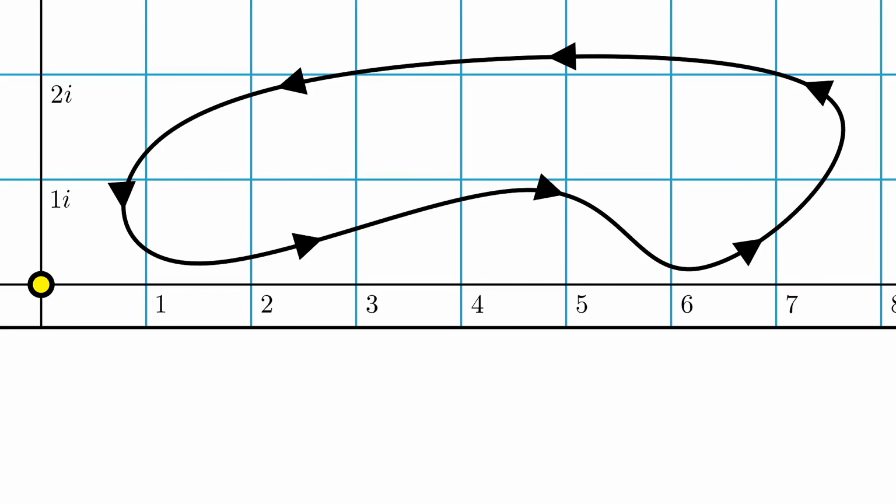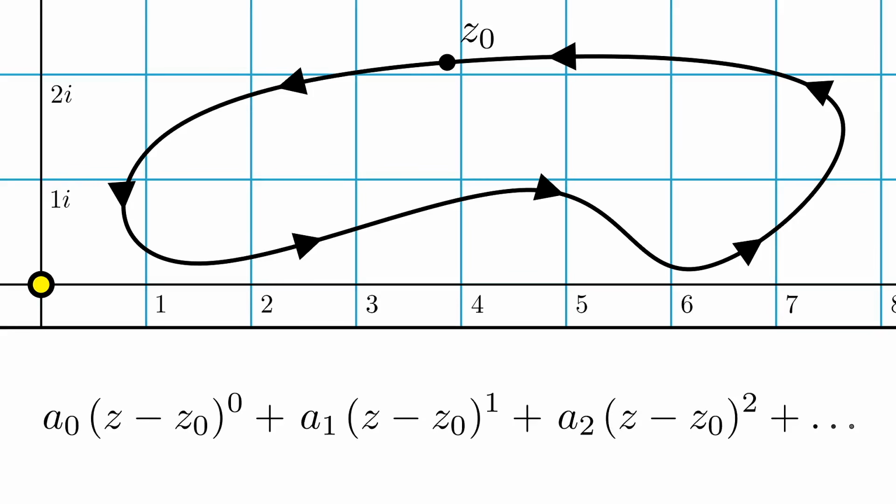And here's why. What we want to do is take the Taylor series for 1 over z, centered at this point, z0. Then we're going to write that as the sum of a_n times (z minus z0) to the n. Notably, I don't actually have to calculate what any of these numbers are, because that's not going to be relevant in the argument I'm going to be making.